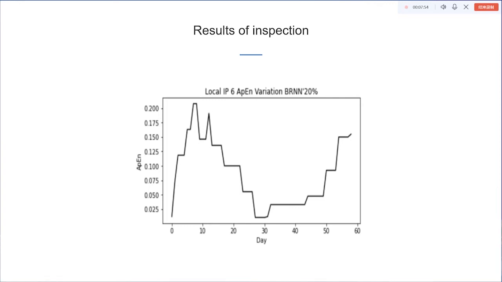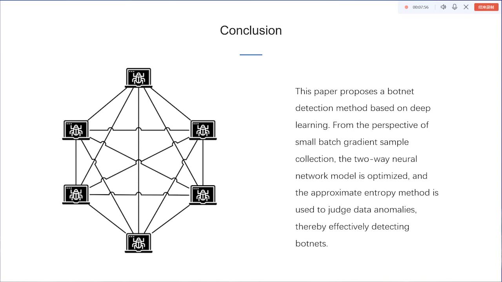This paper proposed a botnet detection method based on deep learning from the perspective of small batch gradient sample collection. The two-way neural network model is optimized, and the approximate entropy method is used to judge data anomalies, thereby effectively detecting botnets.